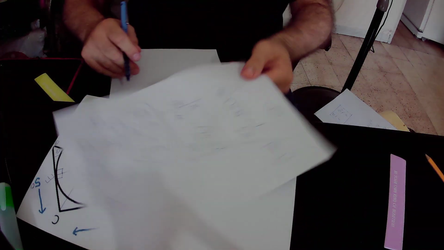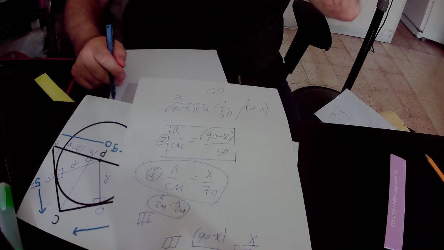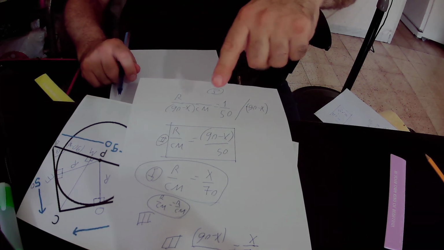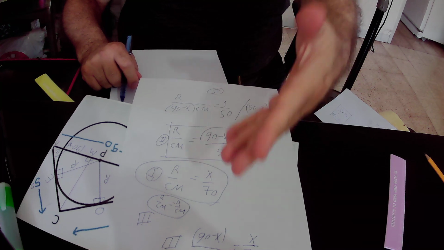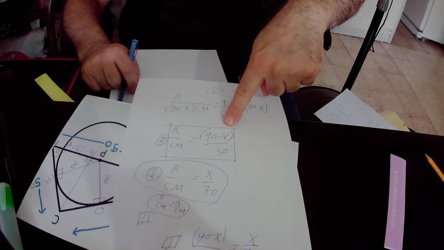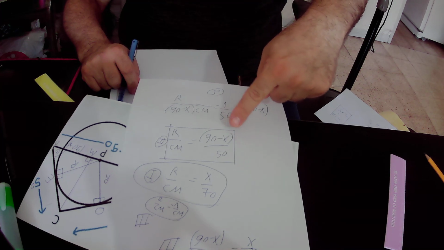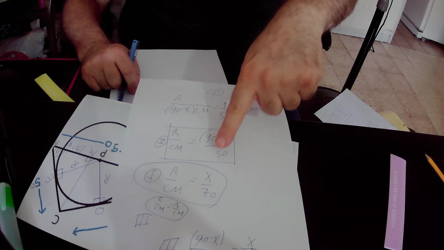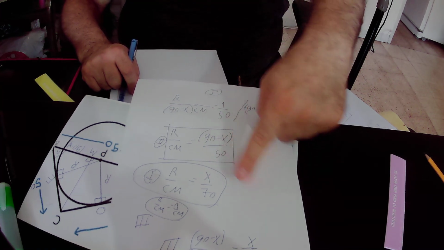Okay, we have the equality that R over CM equals R over CM. So R over CM is 90 minus x over 50. That equals R over CM, that is x over 70.